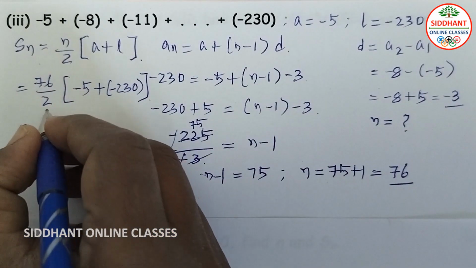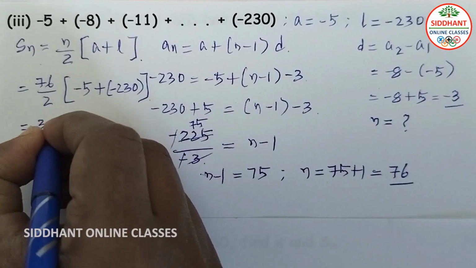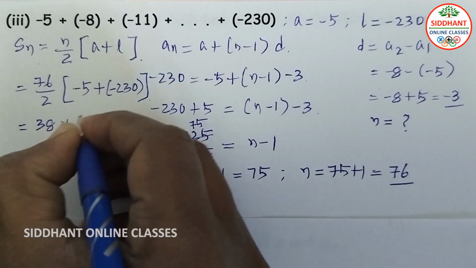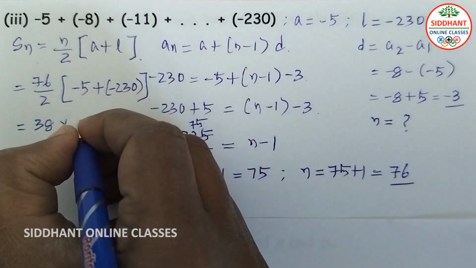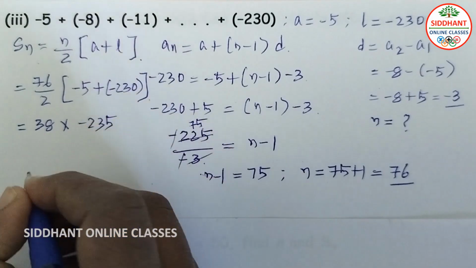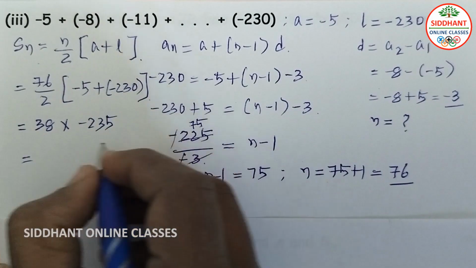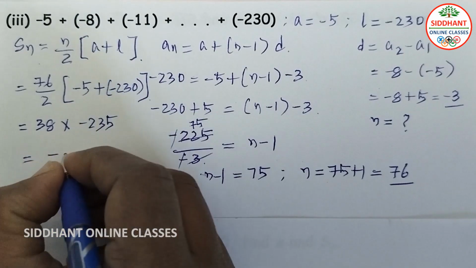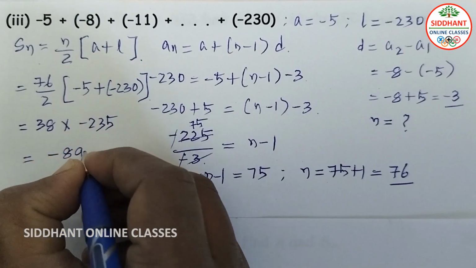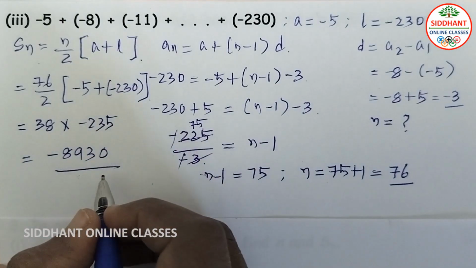So now 76 by 2, that is 38 here, minus 5 minus 230, which is minus 235 here. So that equals 38 into minus 235, when you multiply, we get minus 8930 here. So this is the sum.